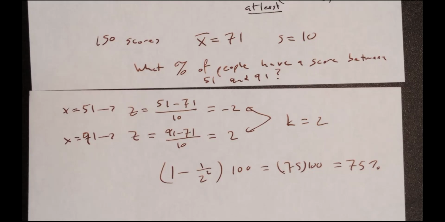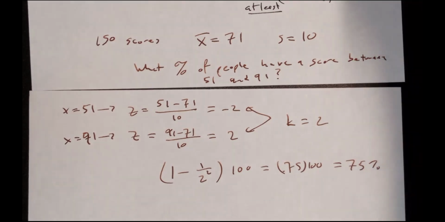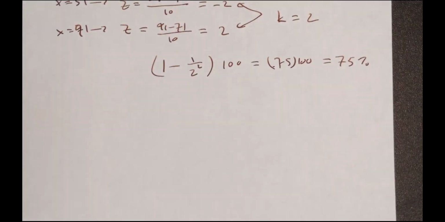So while Chebyshev was working on this for arbitrary distributions, a guy by the name of Carl Friedrich Gauss was looking at different distributions, different pictures.